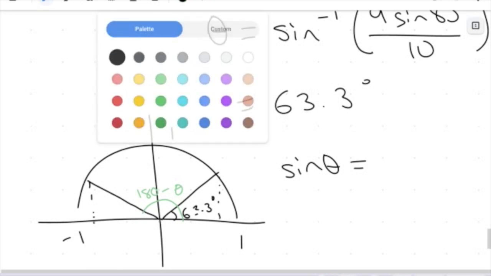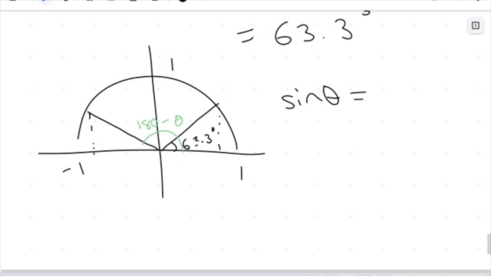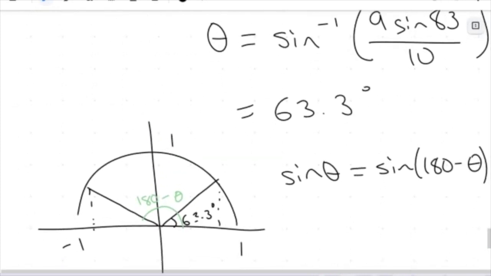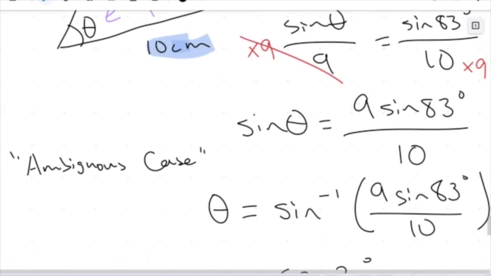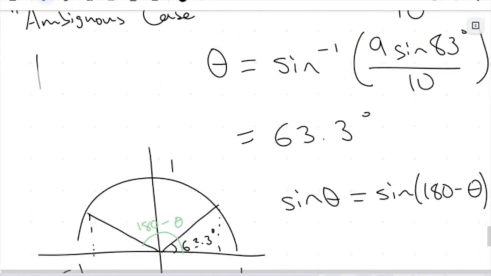Interestingly enough, because we're using the sine ratio, a really weird thing happens. Based on the trig identity we defined in the last few videos, sine theta is the same as sine of 180 minus theta. So I've gotten this answer here because for non-right angle trig, it's possible for me to have obtuse angles as well. When we looked at right angle triangles, because this angle was 90, both of these were going to be acute.